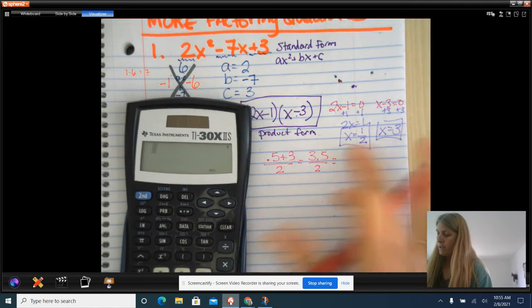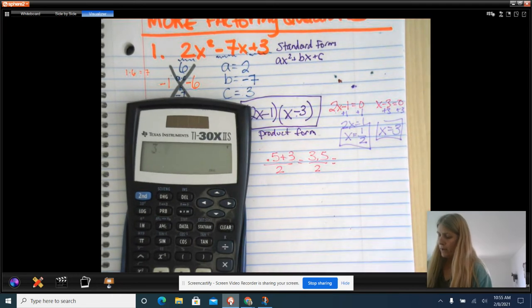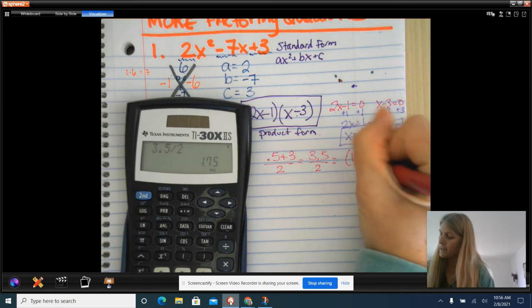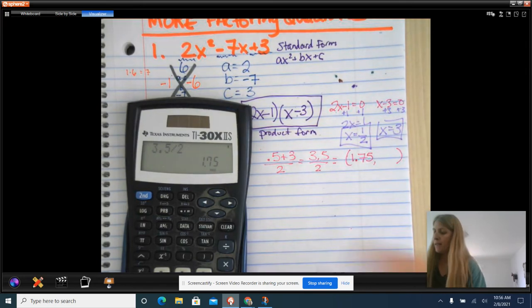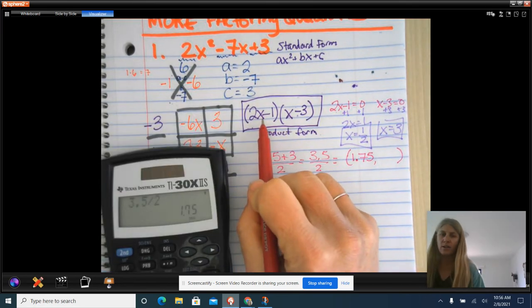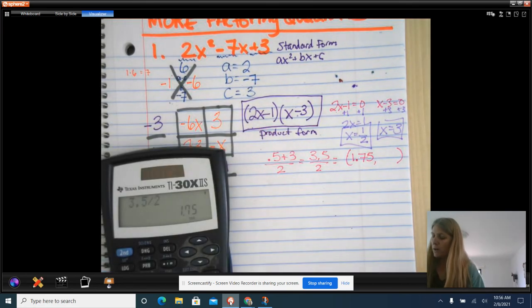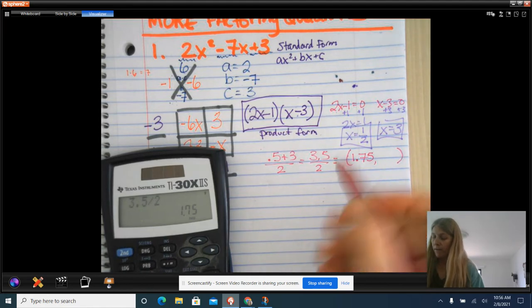So I want to find the middle of these two. 3.5 divided by 2 is 1.75. This is my x value, and then I'm going to plug it into the equation to solve for my y value of my vertex.